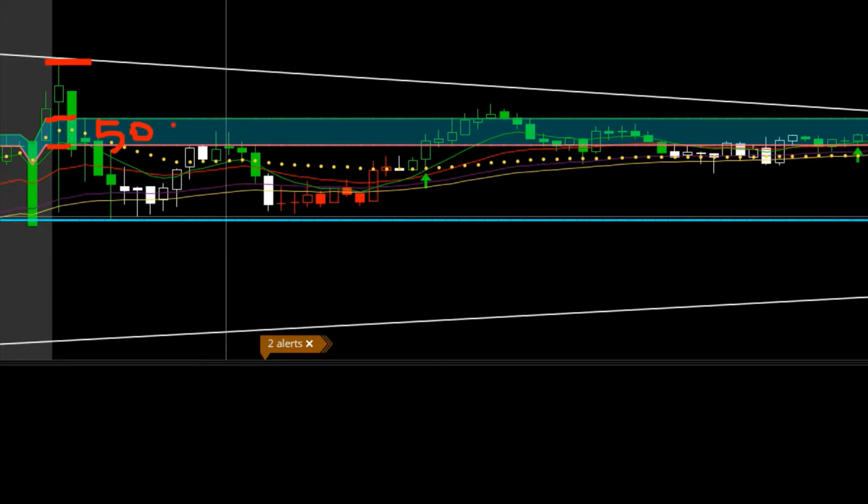So on 100 shares, I could lose 50 bucks if I'm wrong. Let's say that the target here is only 30 cents. So on 100 shares, I can make 30 bucks here, but I can lose $50 here. That doesn't sound good. So if this is your target, maybe this is not the trade that you want to be looking for, folks. Okay?